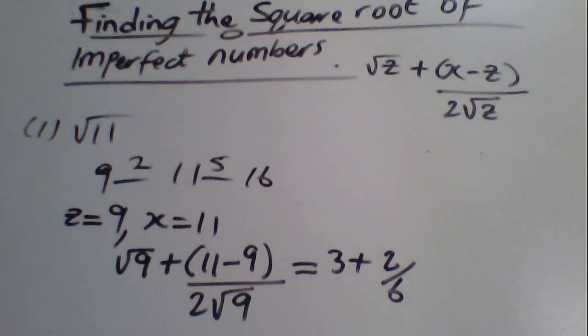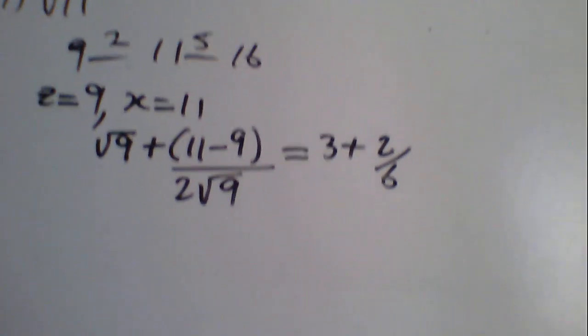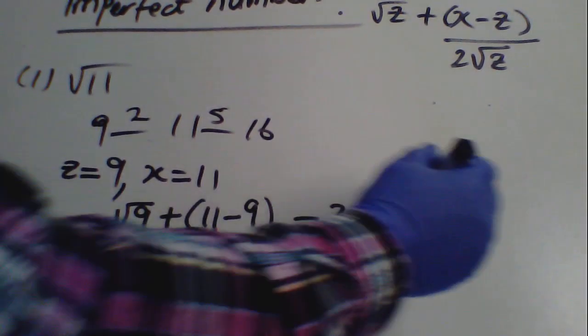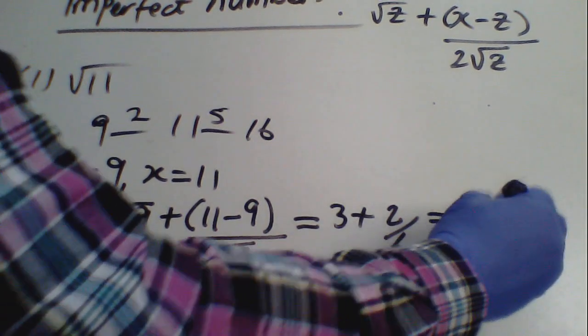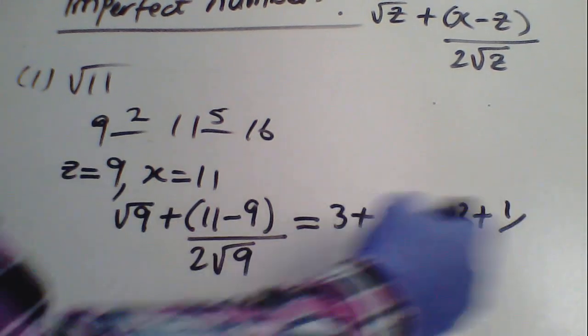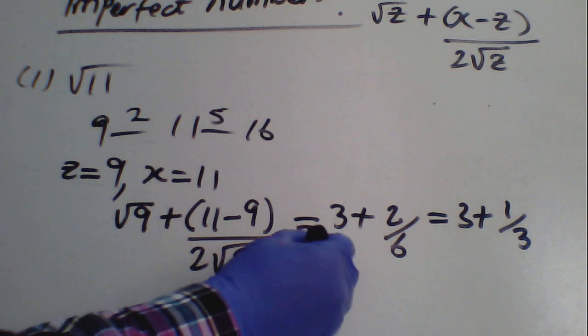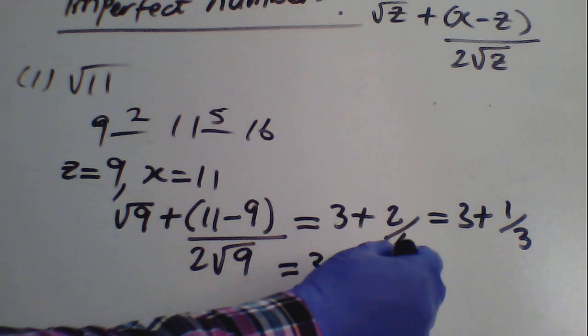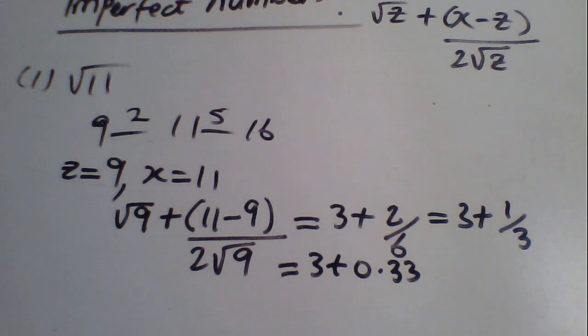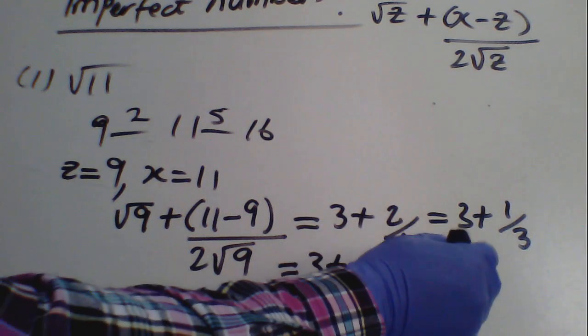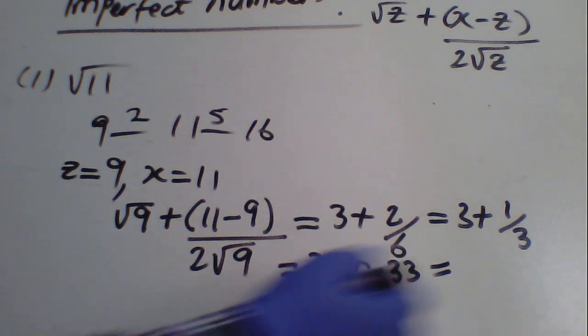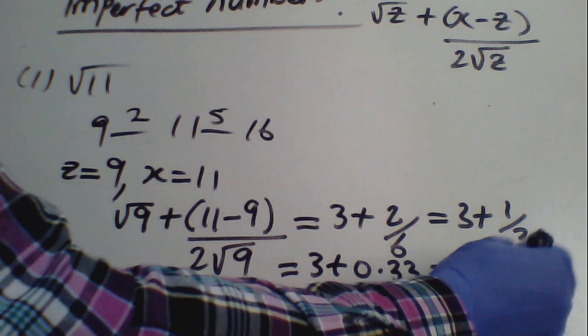So you have 2 over 6. From here we have 3 plus, it can still simplify to give us 1 over 3. And from here we have 3 plus 0.33, because we have to approximate our answer to 2 decimal places. So from here we have 3.33.